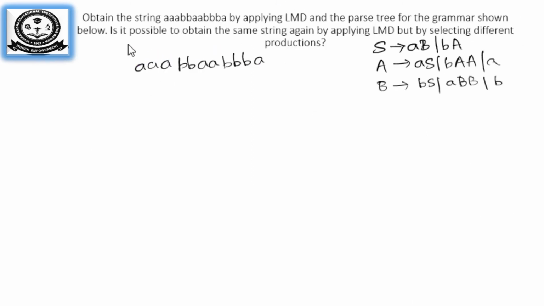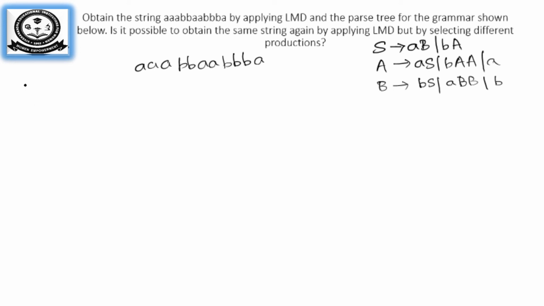So now the question is: obtain the string by applying LMD and the parse tree for the grammar shown below. You have to show whether it can have two different LMDs for the same string or not. This is the production rule, so we have to find two different LMDs for the same string.